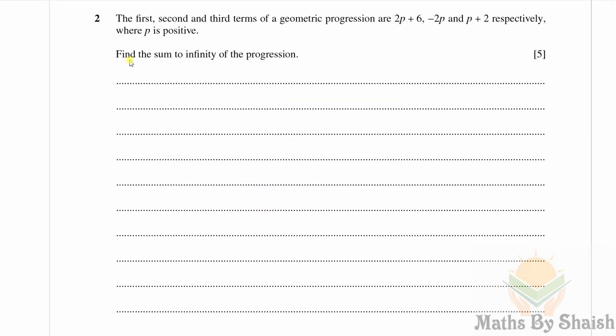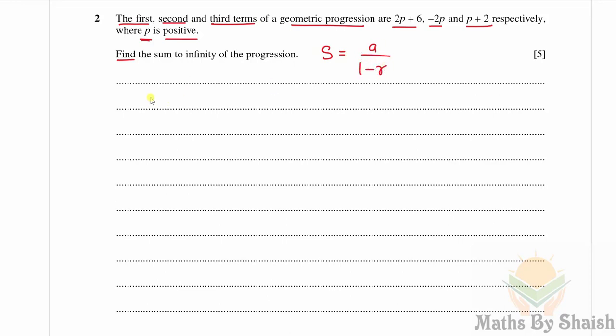And here is question number 2. The first, second, and third terms of a geometric progression are 2p plus 6, minus 2p, p plus 2 respectively, where p is positive. Find the sum to infinity of the progression. Sum to infinity S is a over 1 minus r.